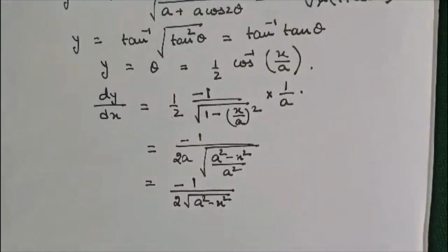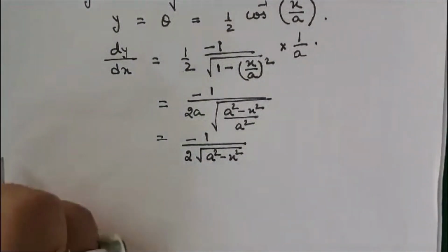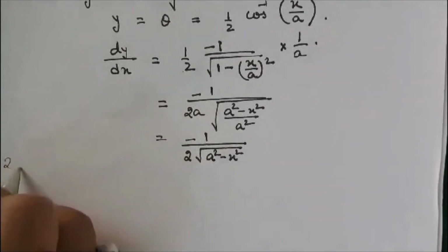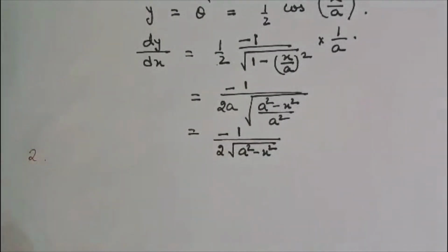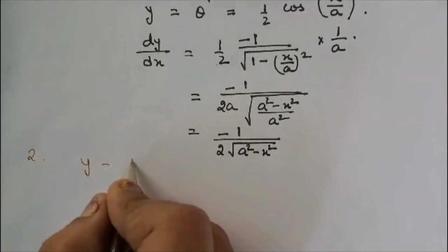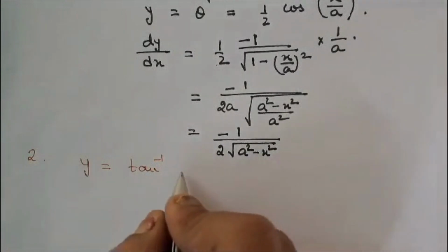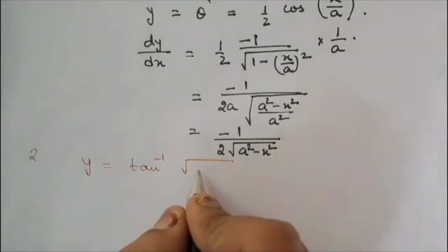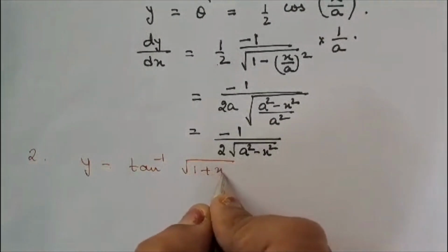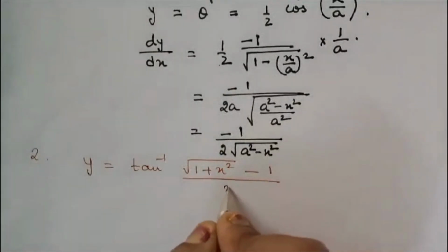So let me take one more example so that it becomes more clear to you. So sum number 2. Y is equal to tan inverse of whole square root of 1 plus x square minus 1 whole by x.